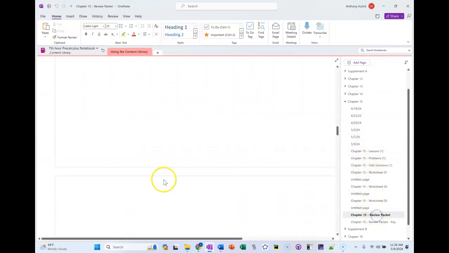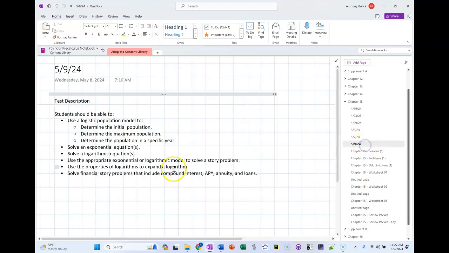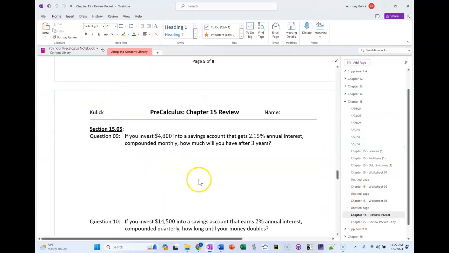Again, if you look at the review, there are some pretty good expanding examples right over here. And then solve financial story problems that include compound interest, APY, annuity, loans. Again, if you look at the review, we have all that stuff in here.